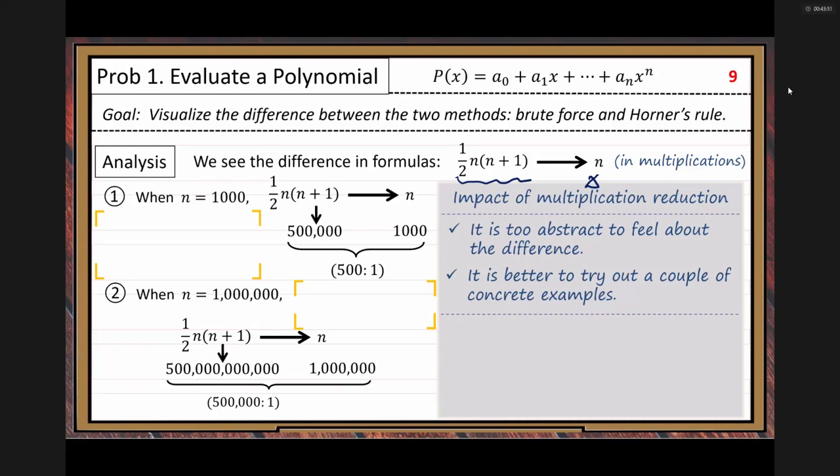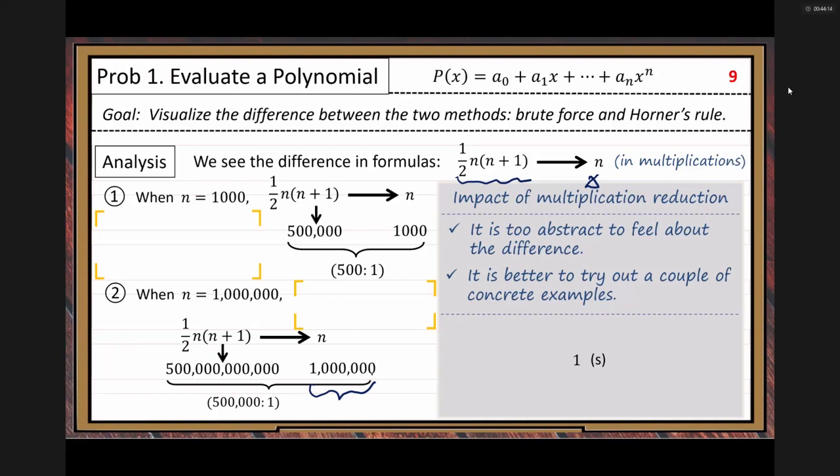For the new method, this 1 million multiplications, let's imagine we just need 1 second to complete them. Some supercomputers can do it in 1 second, right?